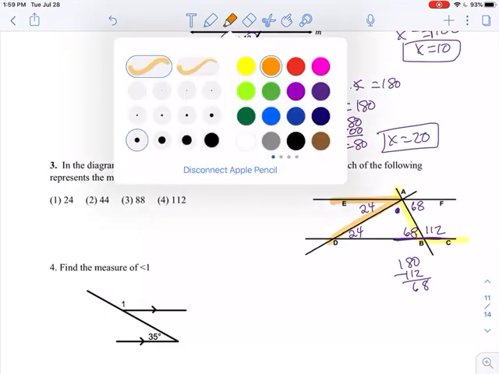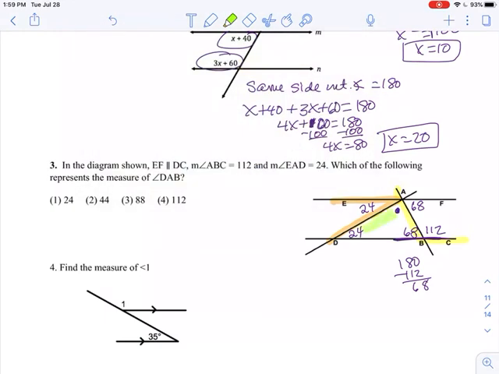So if you look at this, we haven't talked about this yet, but this is a triangle, and the angles of a triangle add up to 180. So what you can do is you can take the 24 and the 68 and add them together. Okay, and that gives me 92. And this angle right here, I'm going to subtract from 180.